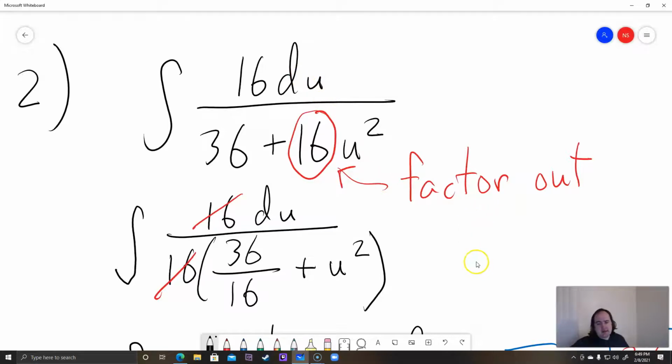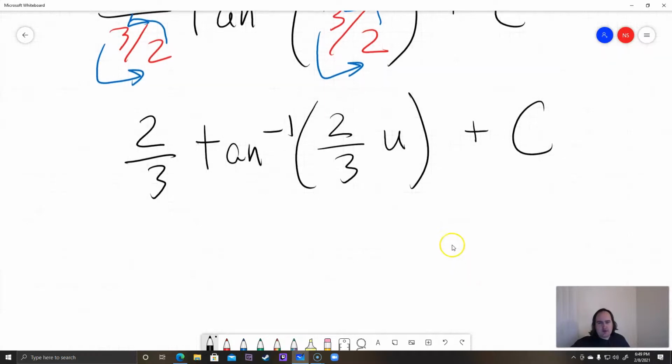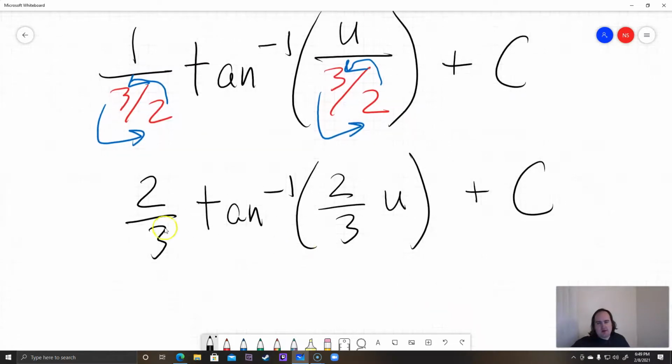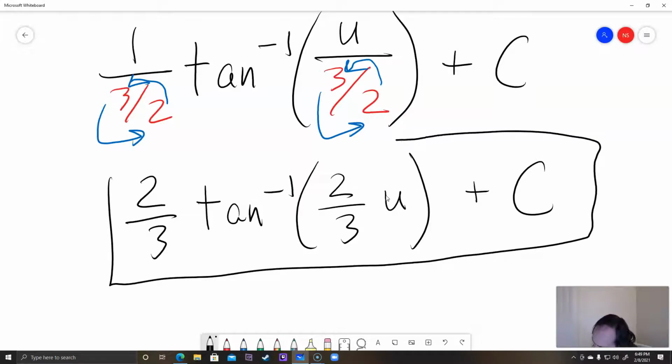So here we didn't end up using u as a dummy variable. So this is one of the few cases where your answer actually needs to be left in terms of u because that's the original variable in this problem. Okay, so that's a little important detail that you might not know. All right, so that right there is our answer to problem number 2.